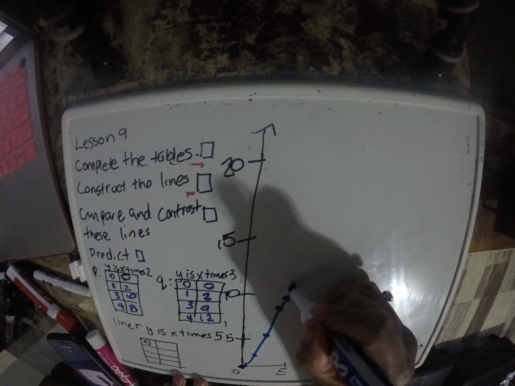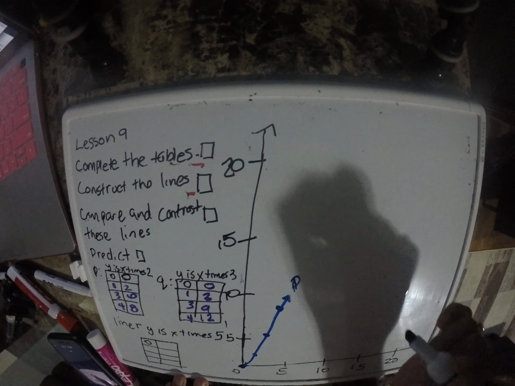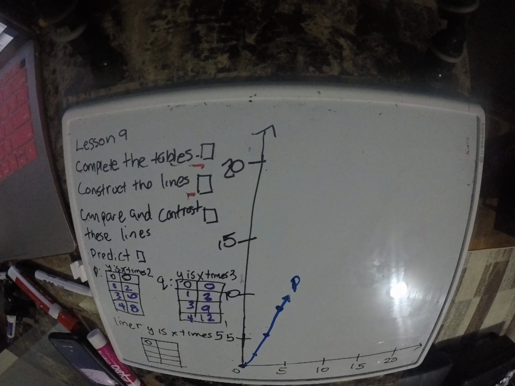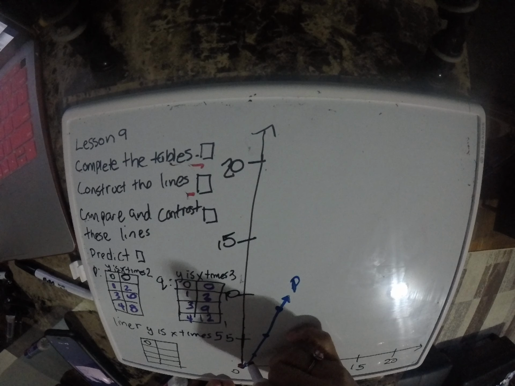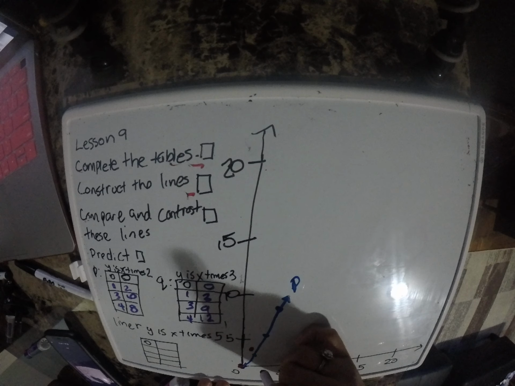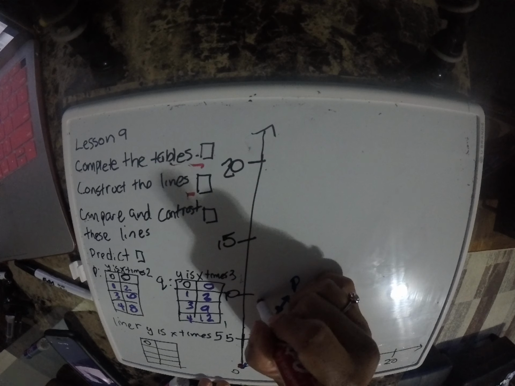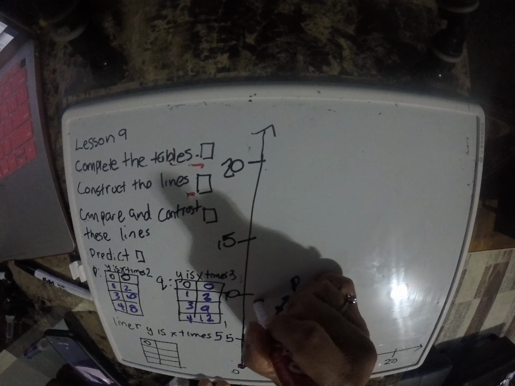My next line is Q, and I'm going to use a different marker to construct that. As you notice, I started with the origin for all of these lines. I'm going to use a different color for Q. Starting with 0, 0. My first point is 1, 3, then 3, 9, followed by 4, 12.